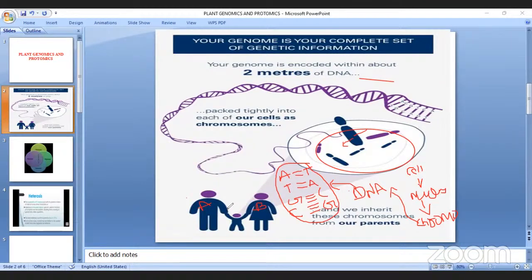I would like to ask a simple question. Are all plants the same in their characters, even in the same species? No, they are different. Among human beings also, individuals express different characters.